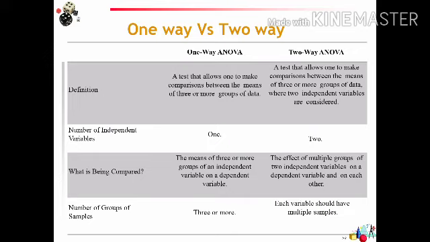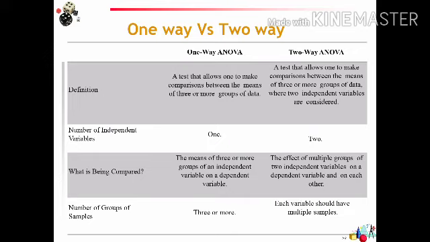At the same time, two-way ANOVA is a test that allows one to make comparisons between the means of 3 or more groups of data where 2 independent variables are considered. The number of independent variables in one-way is only one factor, and in two-way we consider 2 factors. So the number of independent variables in two-way is 2.